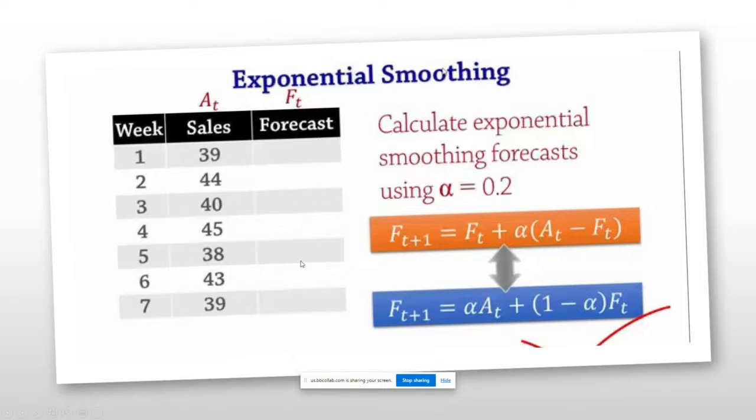This data is going to be transferred into an Excel spreadsheet. We want to create a forecast for week number 8. And since we have that data already, let's also create a forecast for week number 8 using a moving average. I'm going to choose n equal to 3. There's no good reason for that. I'm just using it to illustrate this process.